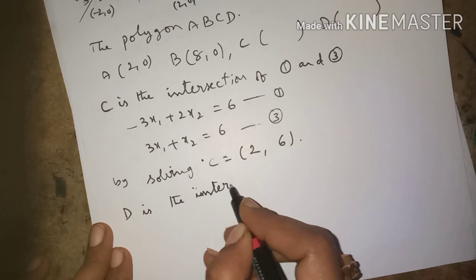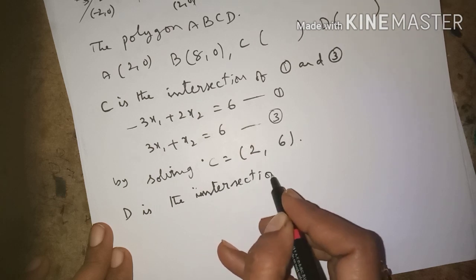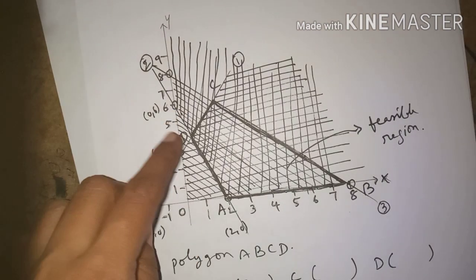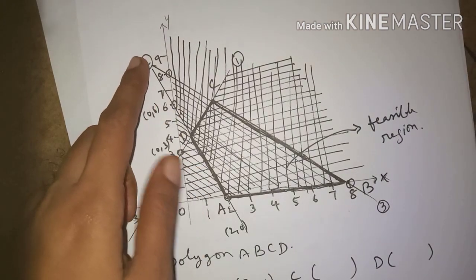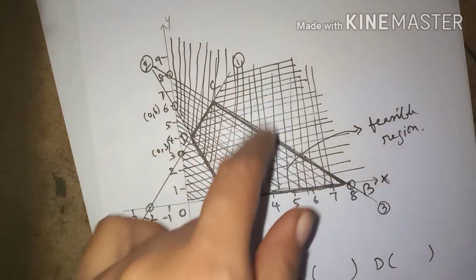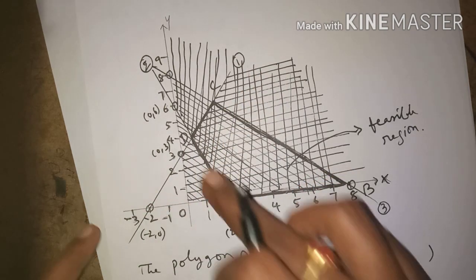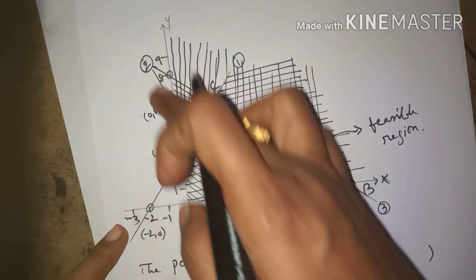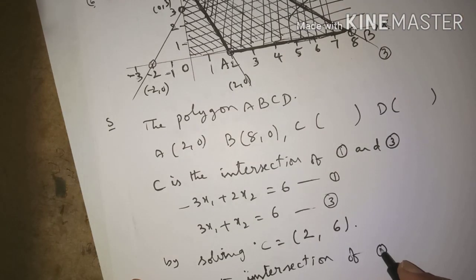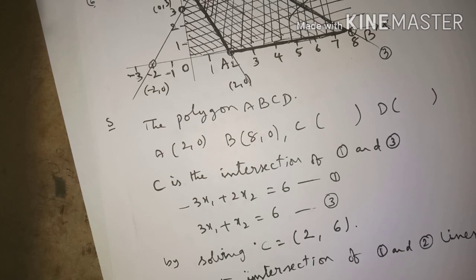And D is the intersection of, observe the diagram, D is the intersection of the first line as well as the second line.